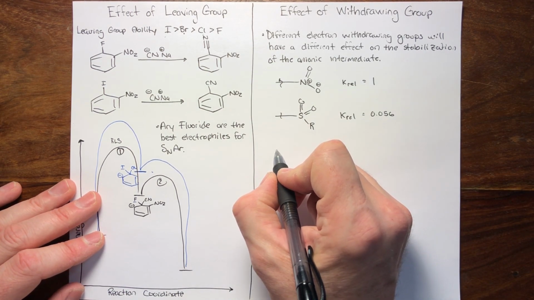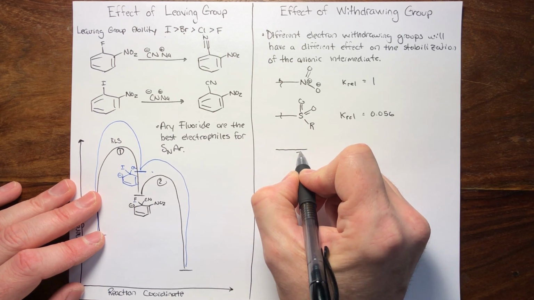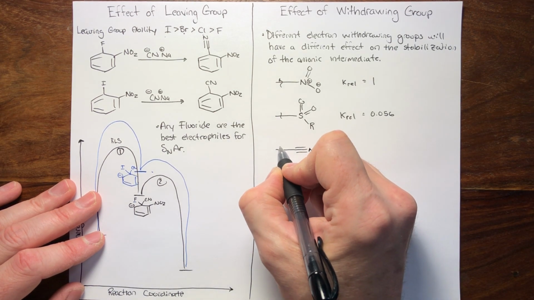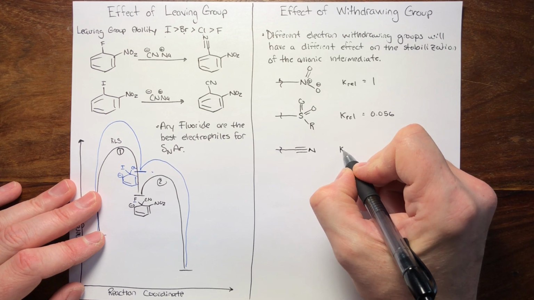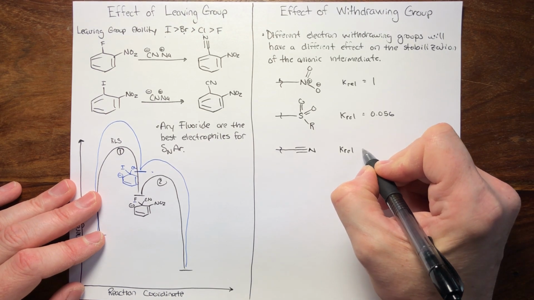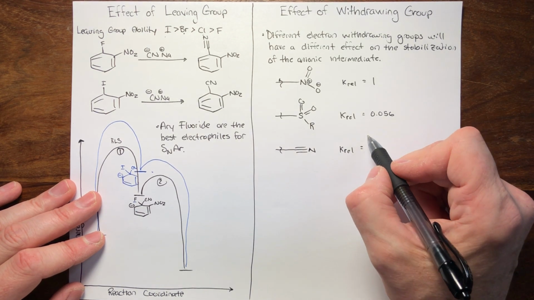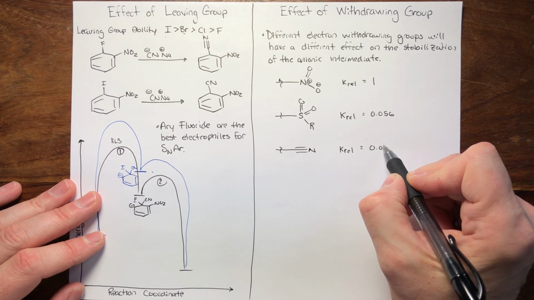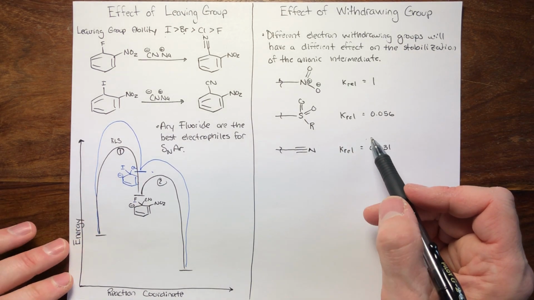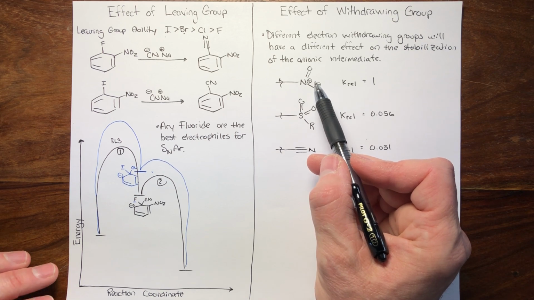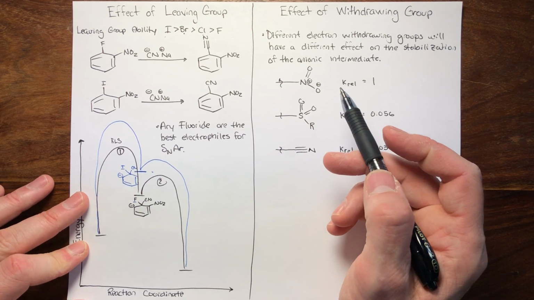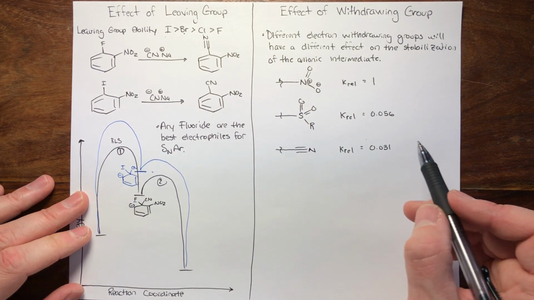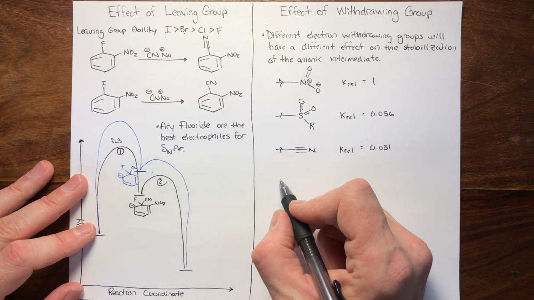Another one that we can look at, a common electron withdrawing group, is a cyano group. In this case, the relative rate constant is going to be 0.031. So a nitro group is approximately 30 to 35 times more effective as an electron withdrawing group.